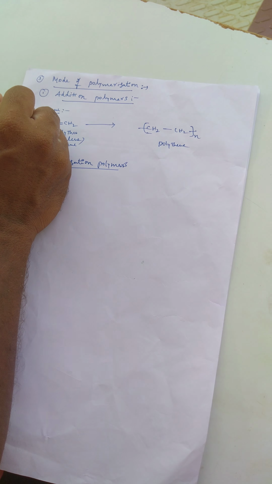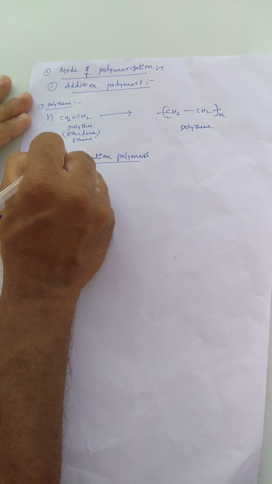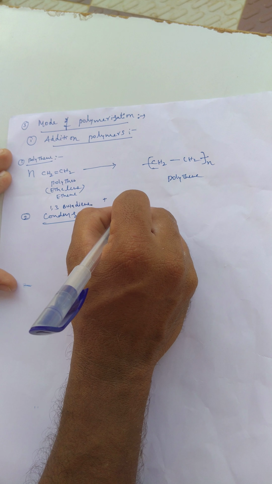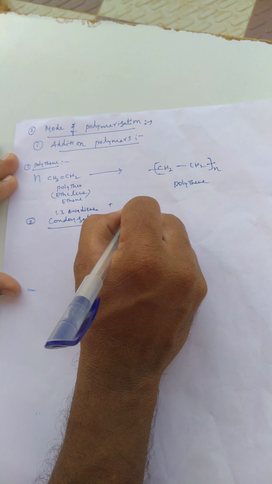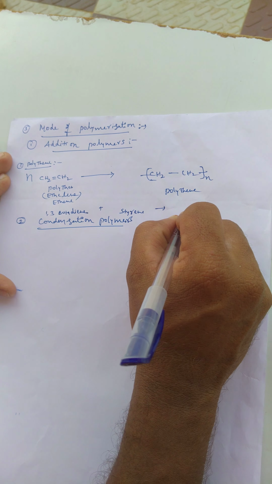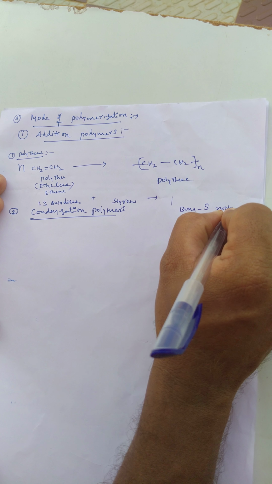And for the second example of addition polymer, I'll be adding 1,3-butadiene plus styrene, and we will get Buna-S rubber.